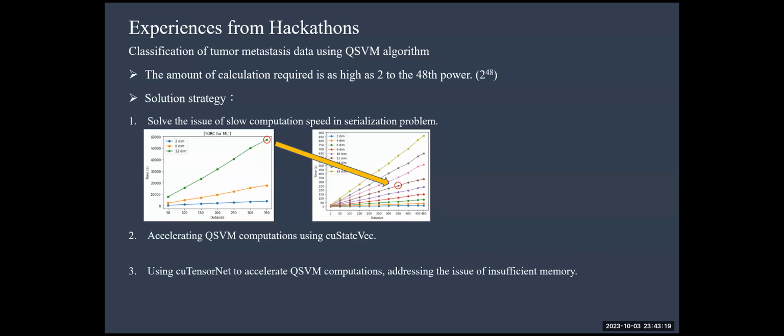Next, we use cuTensorNet to accelerate QSVM computation and address the memory issue. And we finished. Unfortunately, although we finished the cuTensorNet program, we didn't have enough time for comprehensive testing.